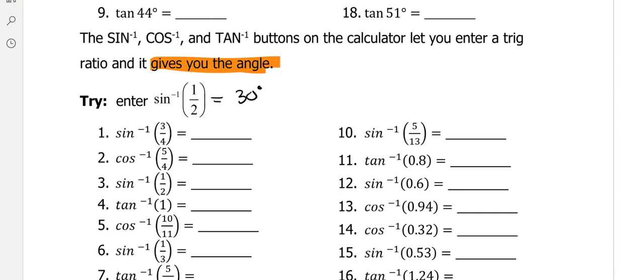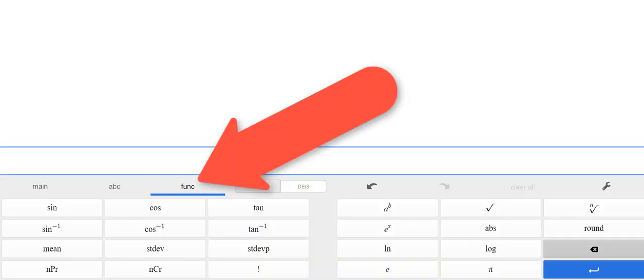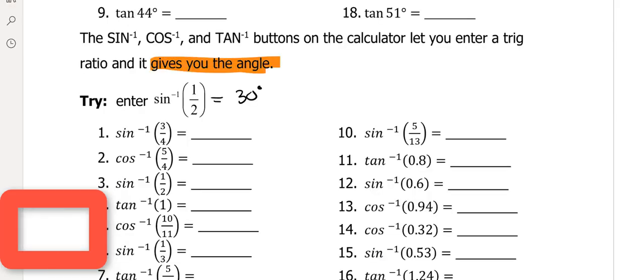Now let's try the one below it, arcsine of 3/4. Instead of the TI-84, this time, let's go to this version of the Desmos calculator. On the left-hand side, you'll see FUNC, that's for function, and that'll list all the trig functions there. We want arcsine. Arcsine of 3/4.